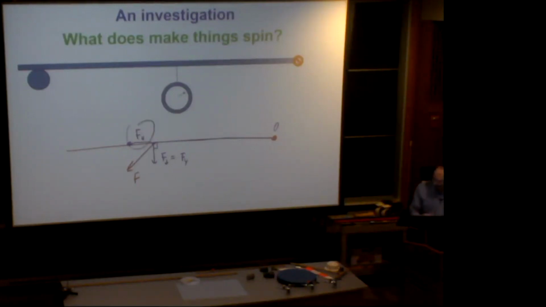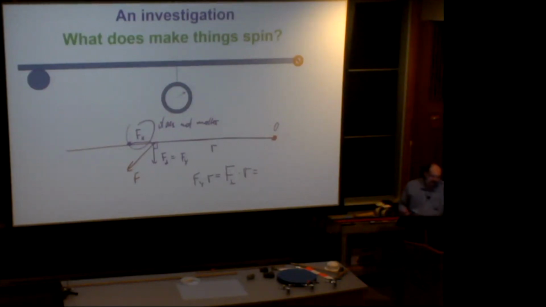This component does not matter. Also, the distance between the axis of rotation and the point of application matters. So this is what people have invented. A product matters.